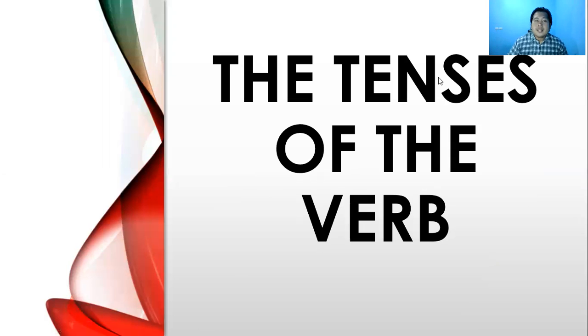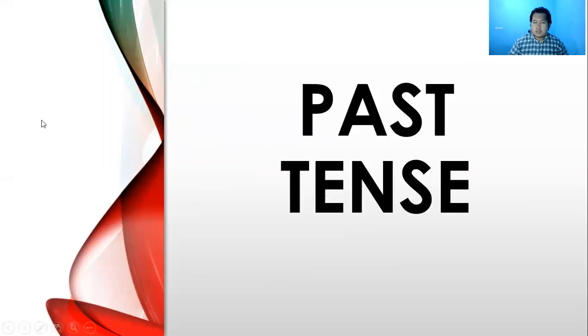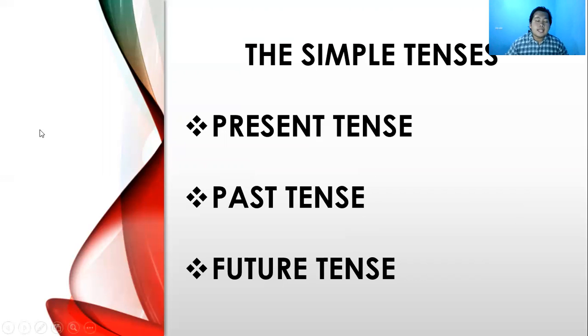Okay, so last time our topic is about the tenses of the verb. And these are the simple tenses, the present tense, past tense, and the future tense. Yes, last time we talked about the present tense. We add s and es to the verb to make it in the present tense, right?